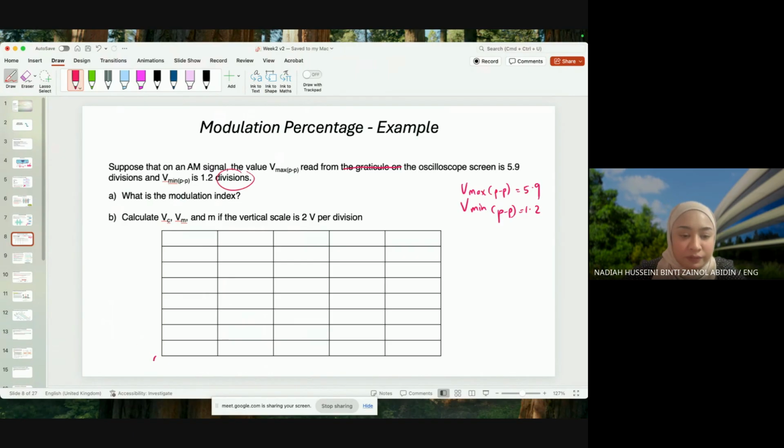Let's start from 0. So this is 1 box, 2 box, 3 box. Let's label 0, 1, 2, 3, 4, 5, and 6. So the maximum peak is 5.9.